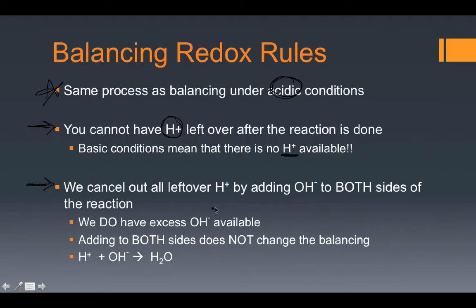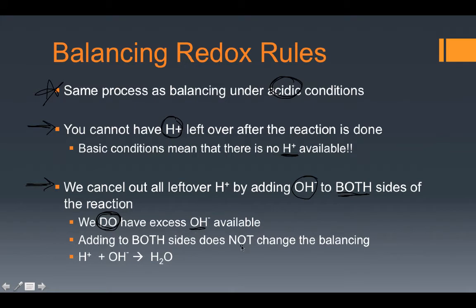Wherever you have H+ in your reaction, you're going to add OH- ions to cancel them out, but we have to do that to both sides of the reaction. So I have to add in 7 OH- over here on the right. I have to add in 7 OH- on the left. We do have excess OH- in the solution because it's basic conditions, meaning now we're correcting our reaction for the conditions we're under.